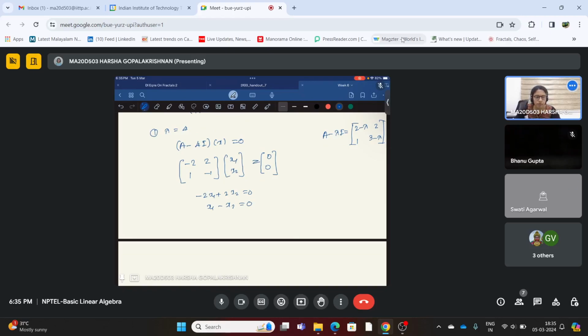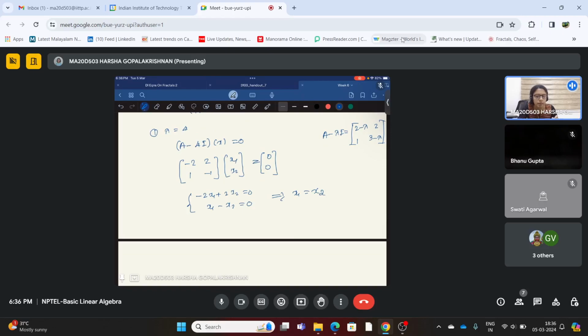So this implies x1 equal to x2. Whatever value I give to x2, I will obtain x1. That is, only one free variable is there. So what is the eigenvector corresponding to lambda equal to 4?